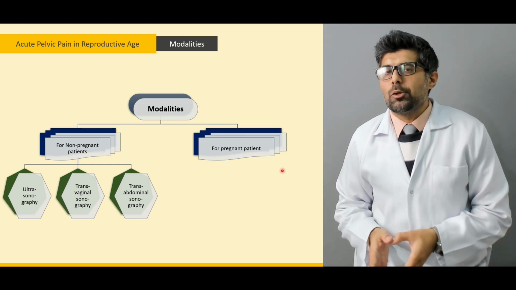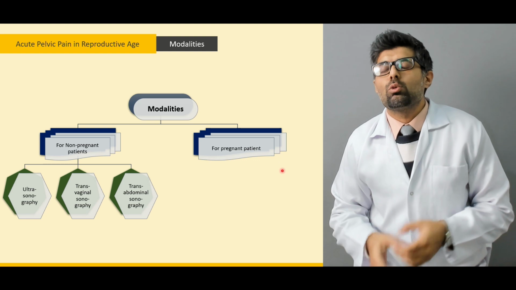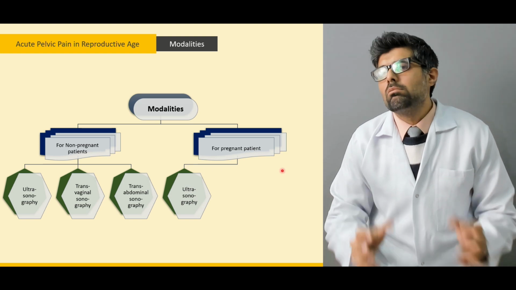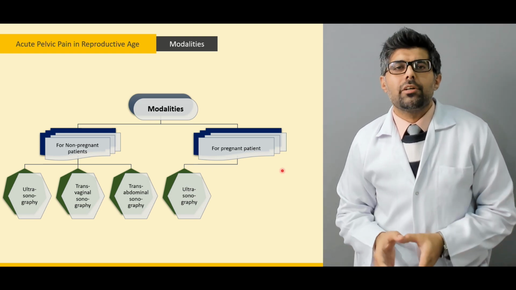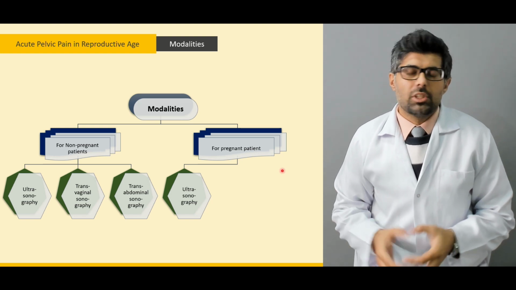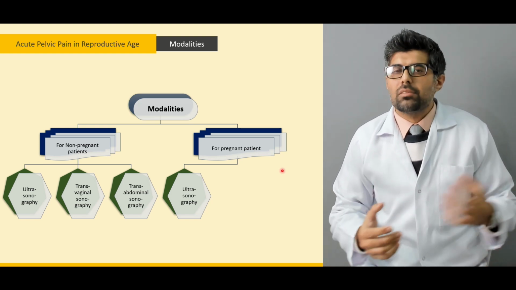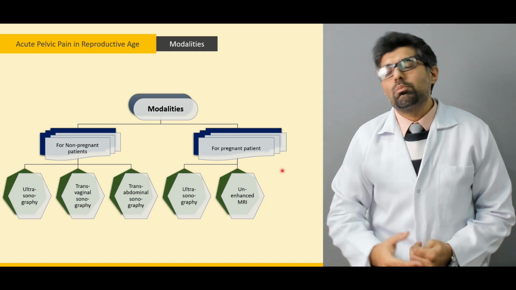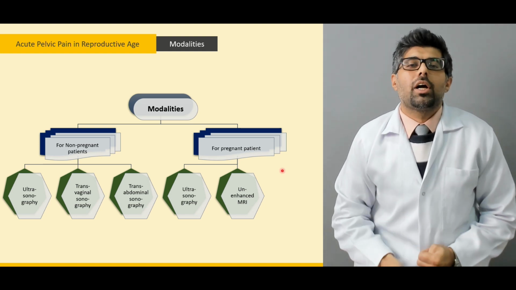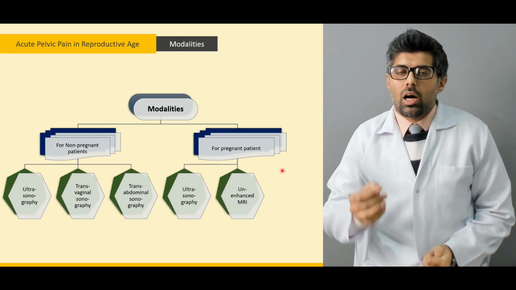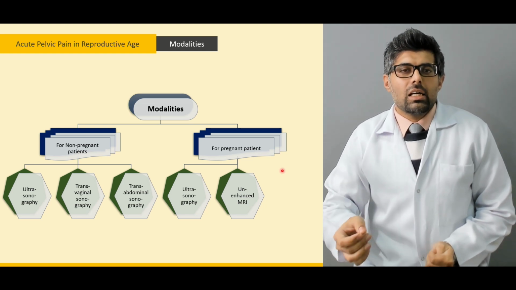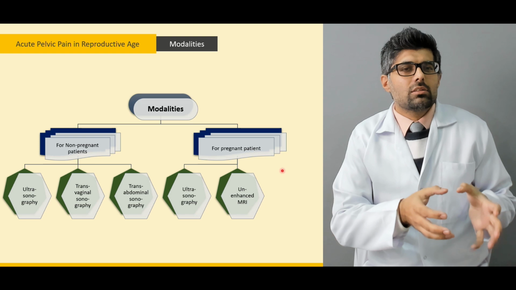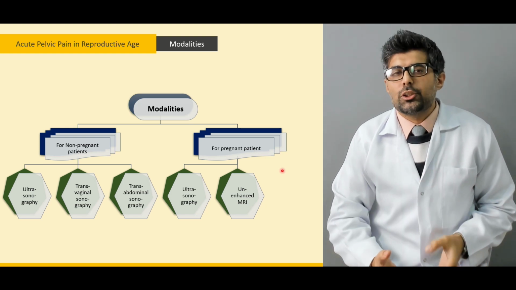Now for the pregnant patients, those patients which show signs of gestation. In those patients, again, the modality of choice, the gold standard, is the ultrasound. It is fast, it is quick, everything that I said before. But for some problems, unenhanced MRI is also done. Unenhanced MRI is important because ultrasound usually is only for the detection of a problem.